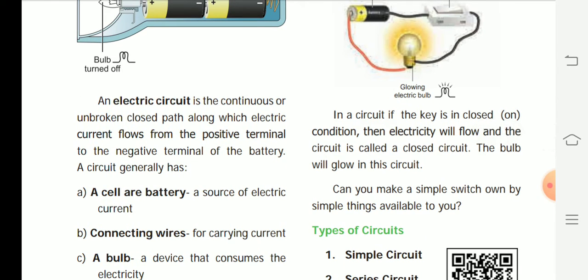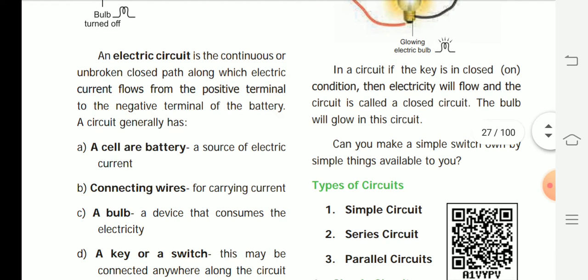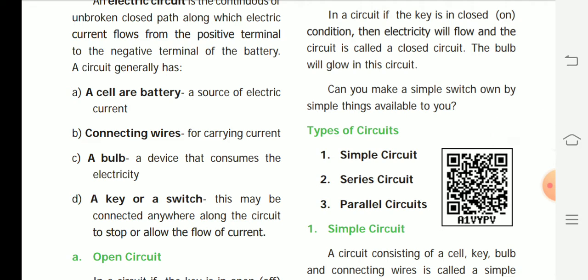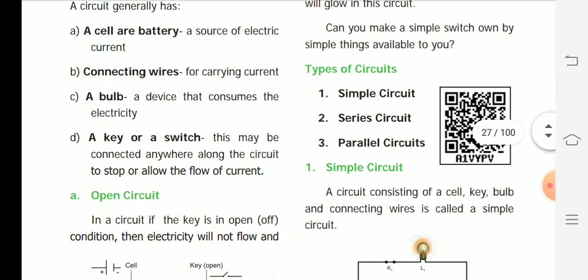A cell or battery, a source of electric current to glow the torchlight. Connecting wires for carrying current. A bulb, a device that consumes the electricity. A key or a switch. This may be connected anywhere along the circuit to stop or allow the flow of current.